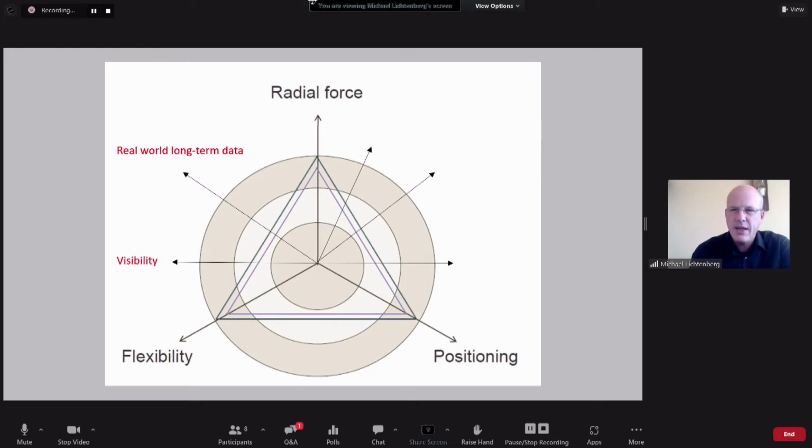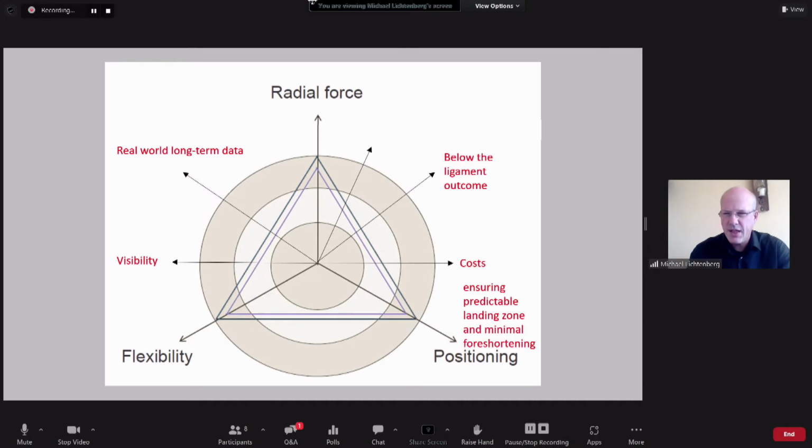We definitely need good visible stents, because a lot of stents are implanted with C-arms just, and this means these stents need to be visualized very well. Below the ligament, different story. I will come to this in a second. And of course, we have to talk about costs and predictable landing zone, ensuring minimal foreshortening of stents.